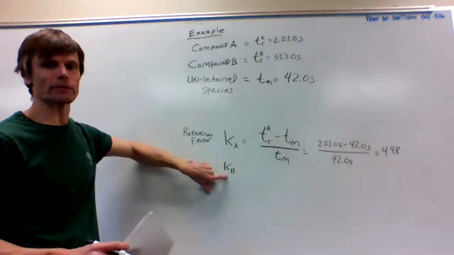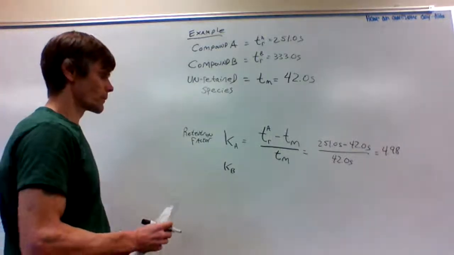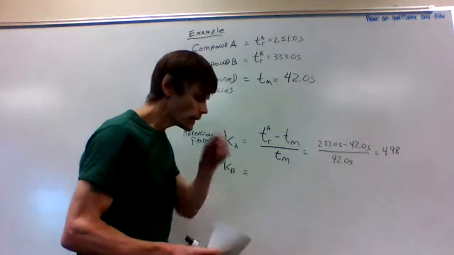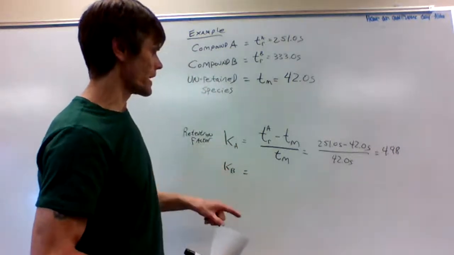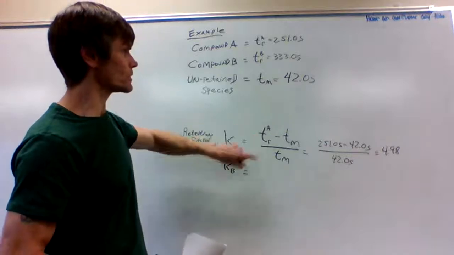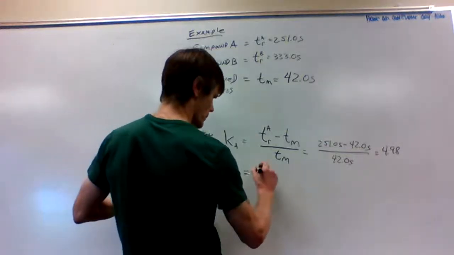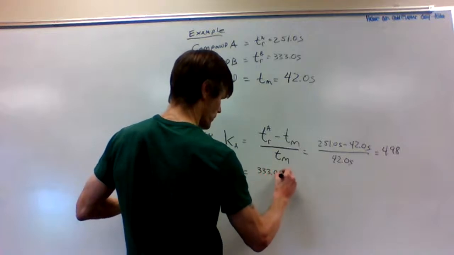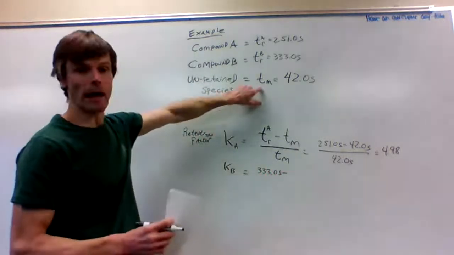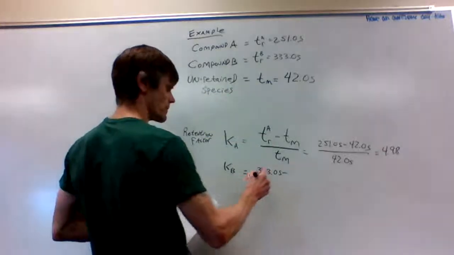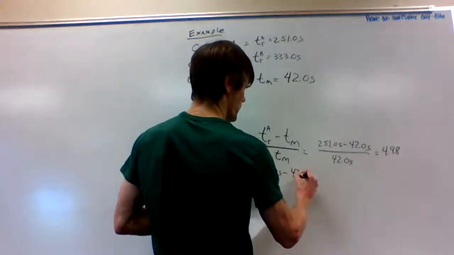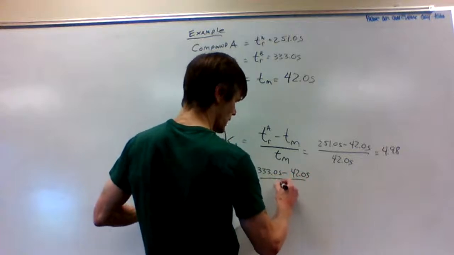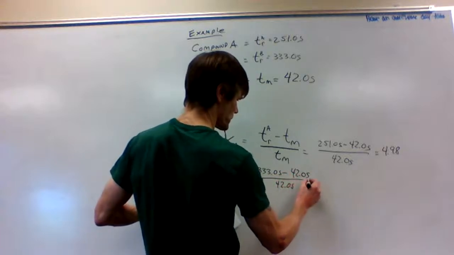We could calculate the retention factor for compound B also. Compound B, if we go through the same exercise, it would be the retention time for B minus the retention time of our unretained species, divided by the retention time for our unretained species.